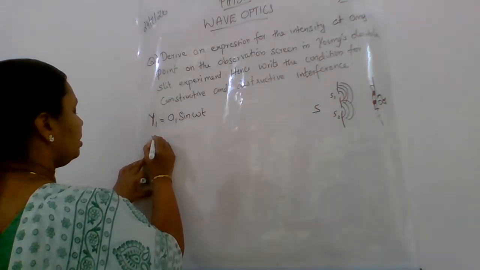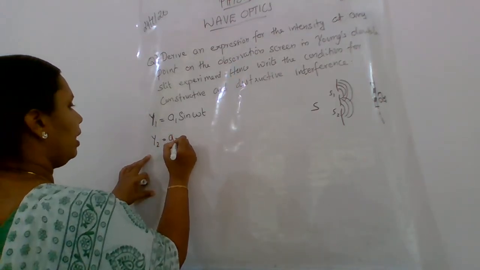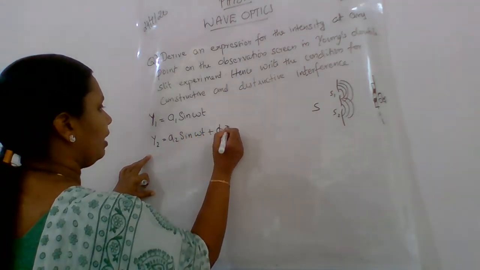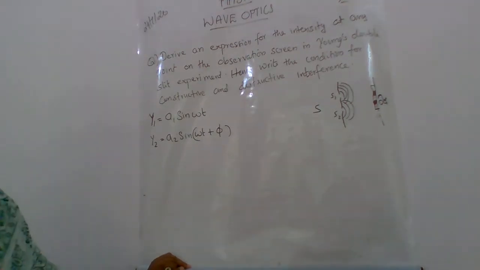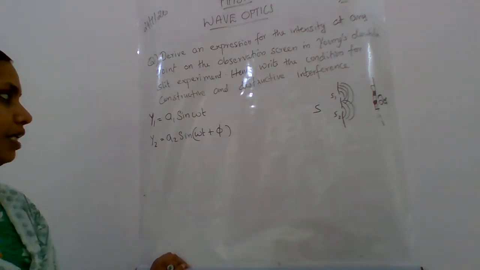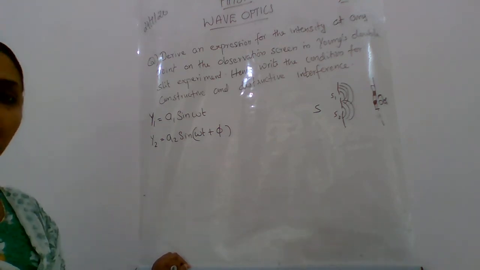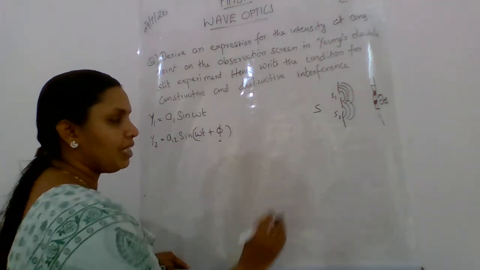And y2 is the wave coming from S2, and it is equal to a2 sine(omega t plus phi), where phi is the phase difference.